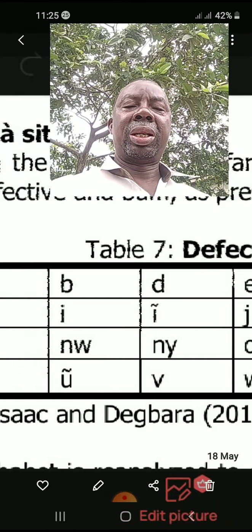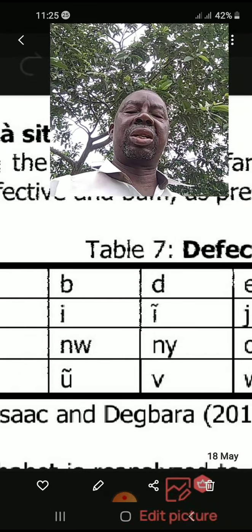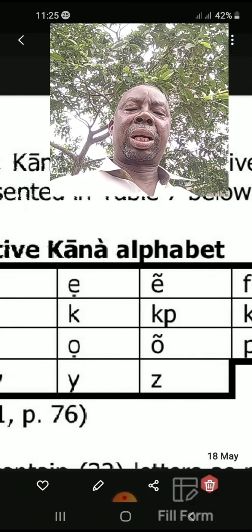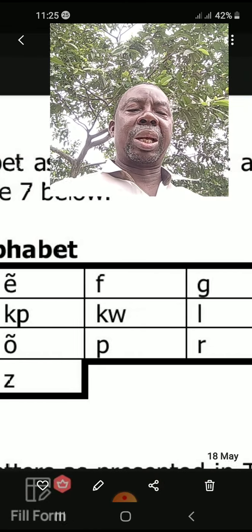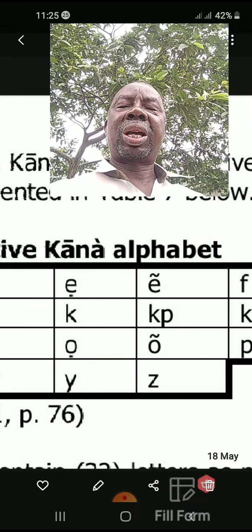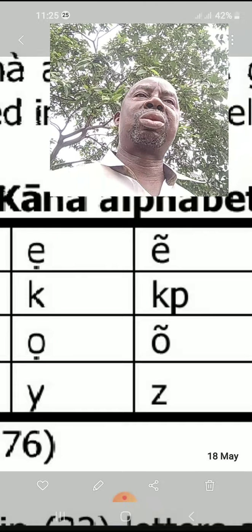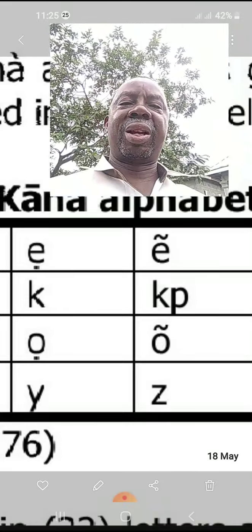E and E. You have to choose one, which is E, which is the I sound. K and P, K and P here. Where you have P in isolation somewhere, and you have K in isolation somewhere, so KP is a special sound and not a digraph in the alphabet of the language.